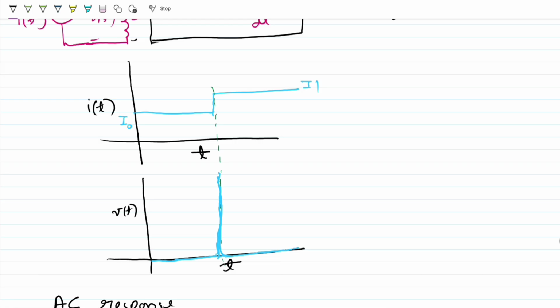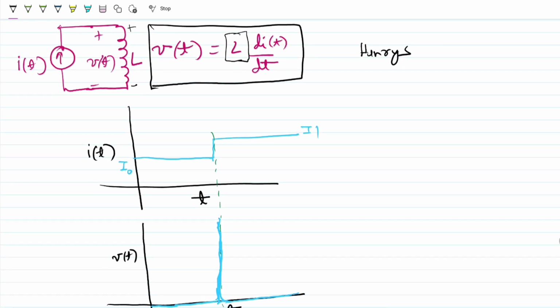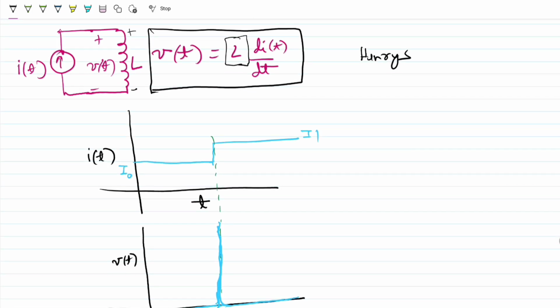So now we look at some examples. In this case, suppose a current I of t is forced through an inductor, and the current profile looks like this.